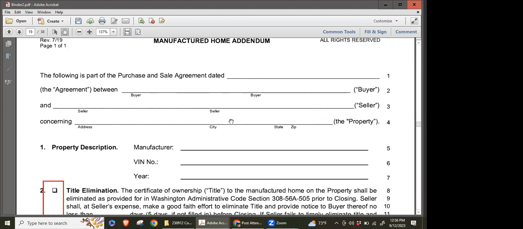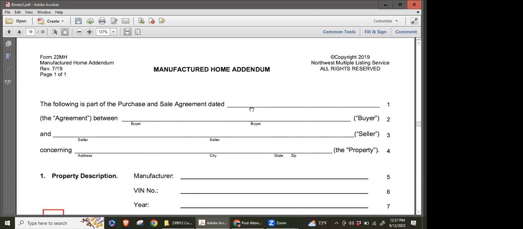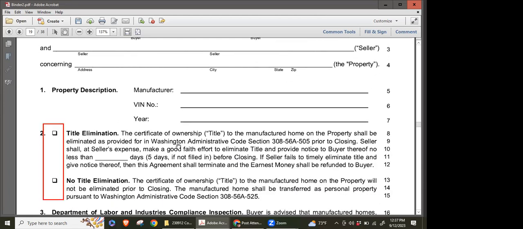Okay, so here, I was talking with Vanessa this morning and I really put her on the spot. Maybe it was yesterday afternoon. And I asked her, should we be using these forms? And if we are, how do we know, representing the buyer, if the title has been eliminated or not?